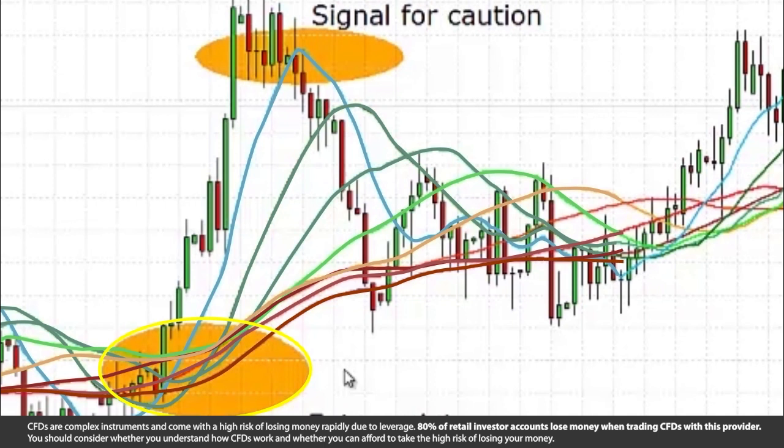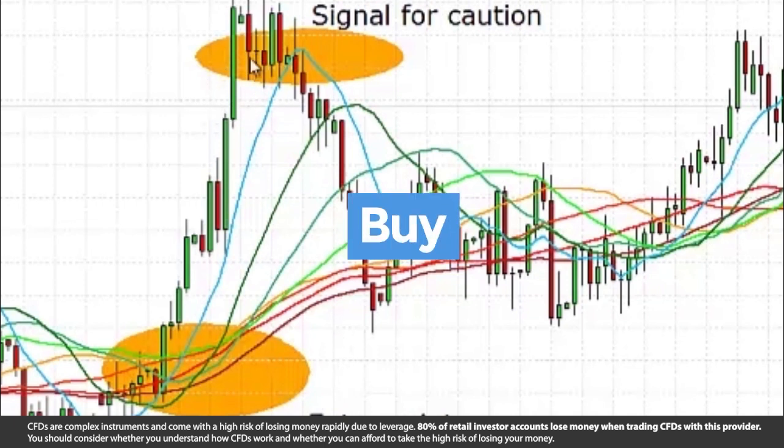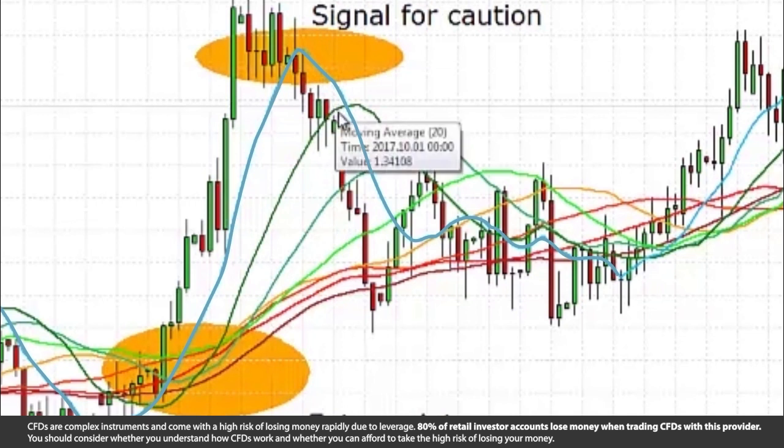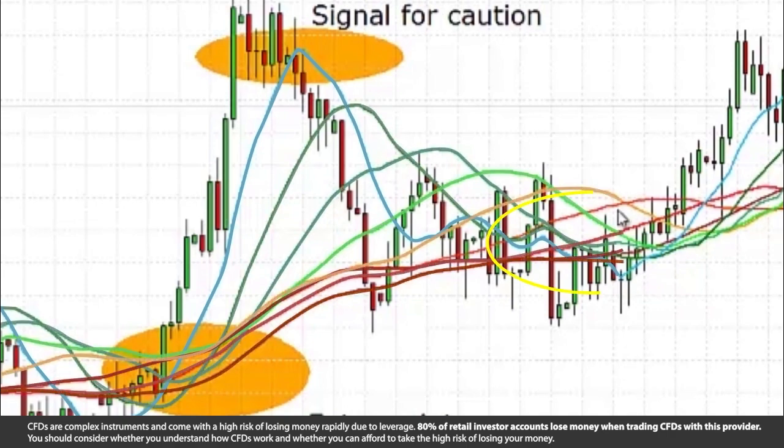However, after the first 3 to 4 MAs cross above, this indicates a potential change of trend. After the last one crosses, it's the clearest signal to enter a buy position. So what happens later? In the moment where one of these MAs starts to drop, it's a cause for caution. However, the clearest signal to exit the position is when all of them cross below.